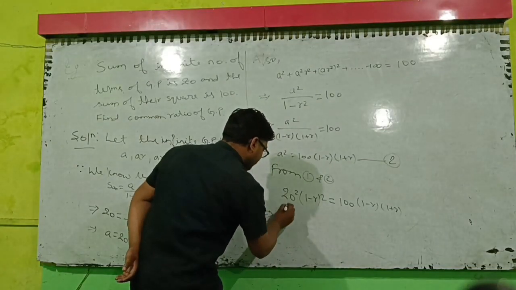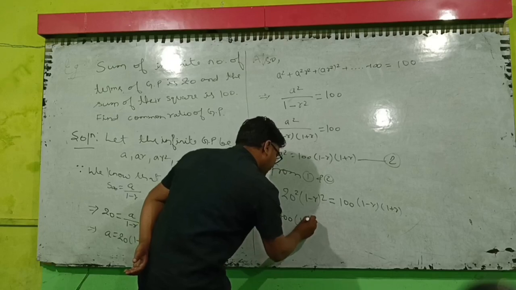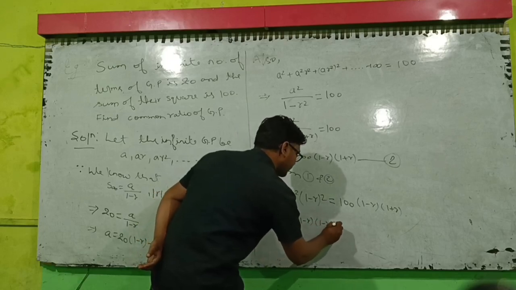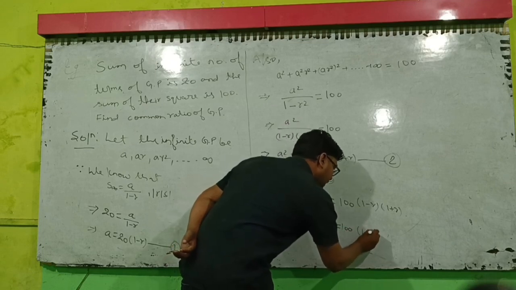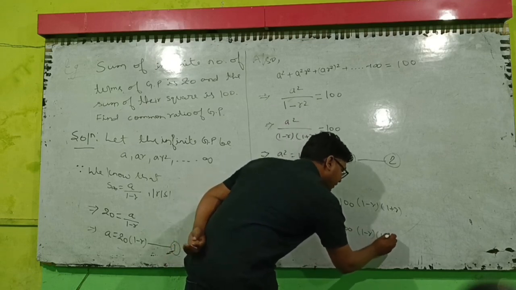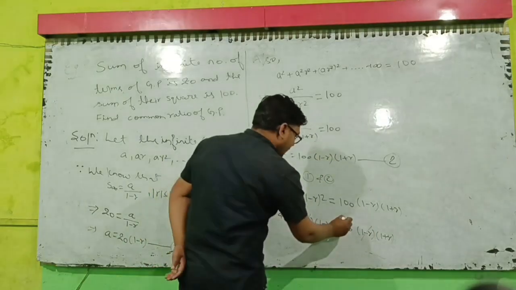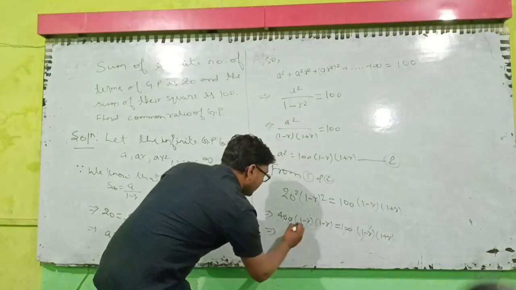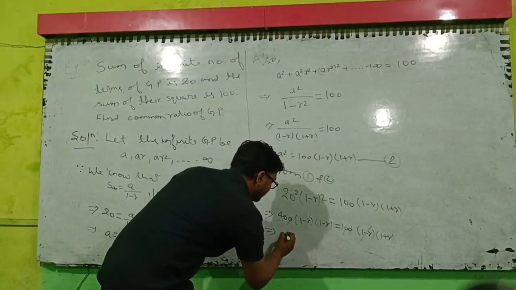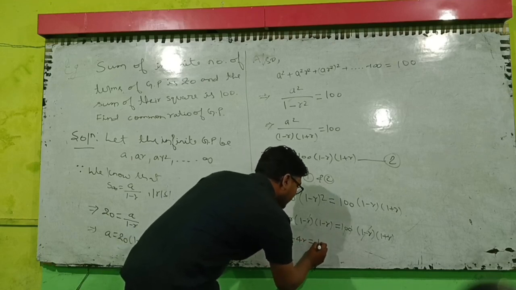So first of all we evaluate this. This is 400, 1 minus r, 1 minus r. This is 100, 1 minus r, and this is 1 plus r. Here we see that these are common terms, and we remove these zeros. So by multiplying 4 inside the bracket, we get 4 minus 4r equals 1 plus r.